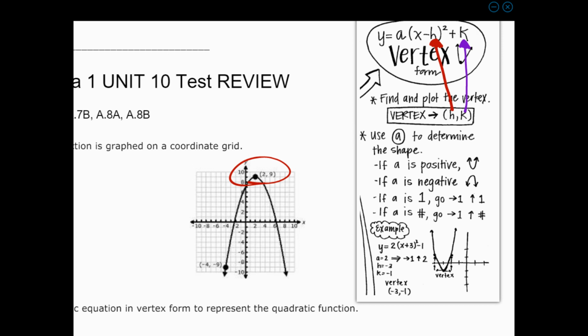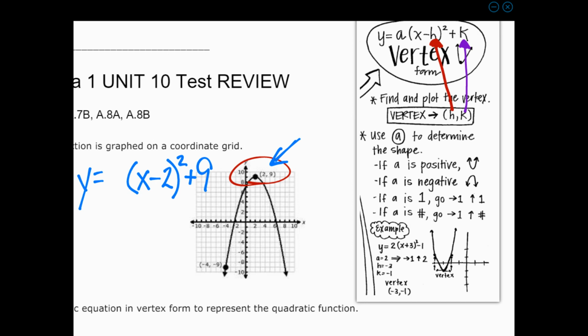So that lets us start our equation off pretty easy right here. So we've got y equals, I don't know what a is, but I know x minus 2 squared plus 9 gets me started. Where did the 2 and the 9 come from? From the problem. From the vertex, right there, right? Okay. It gave it to me.